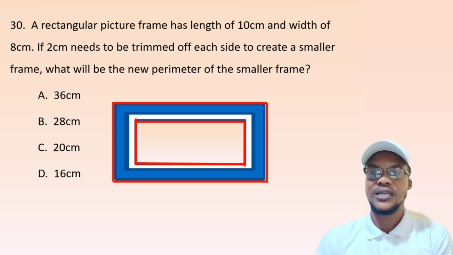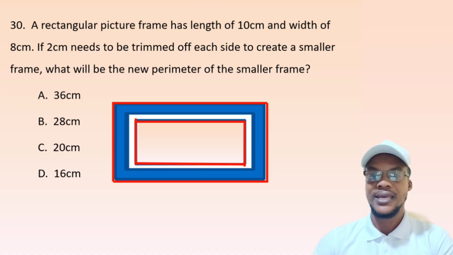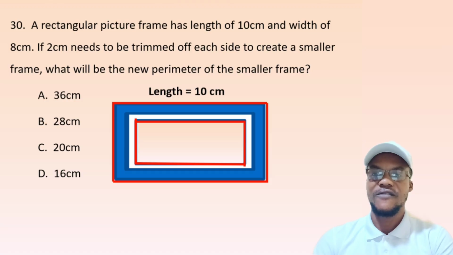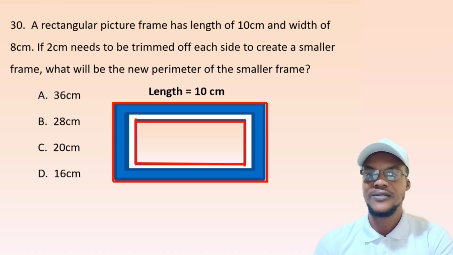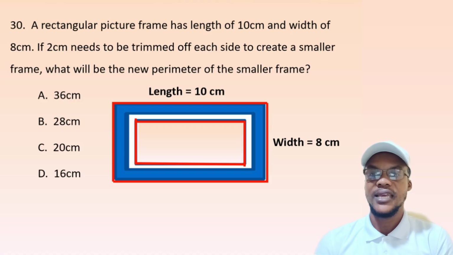What it's trying to say is that maybe the frame is bigger, so we need to reduce it by 2 centimeters each side to make it smaller, and after that we find the perimeter of that. So we know that the length of the frame is given as 10 centimeters, and the width is also given as 8 centimeters.